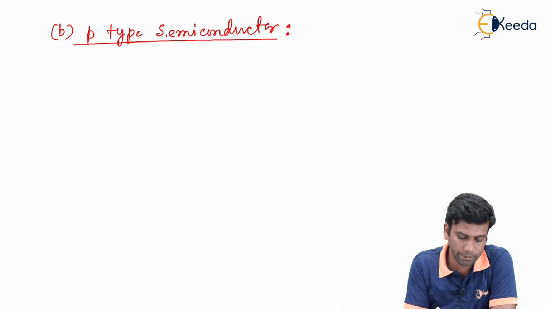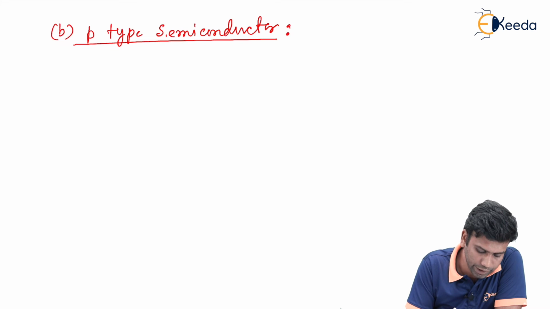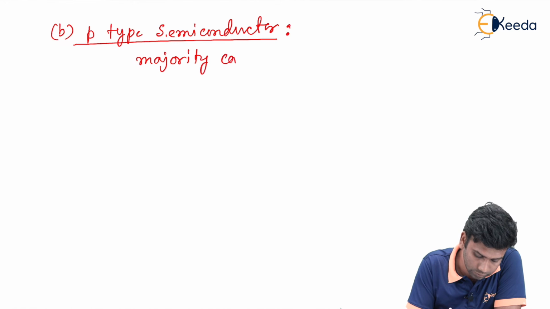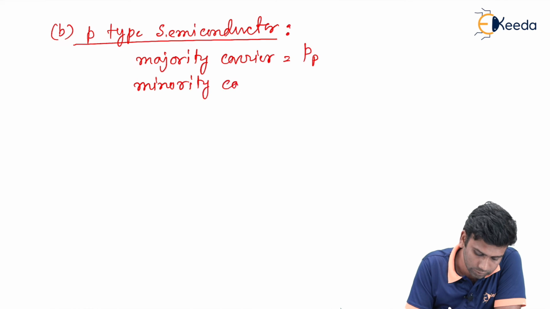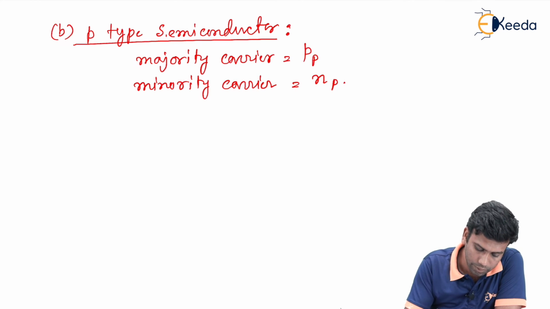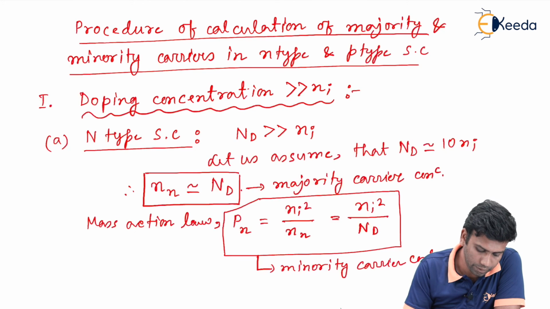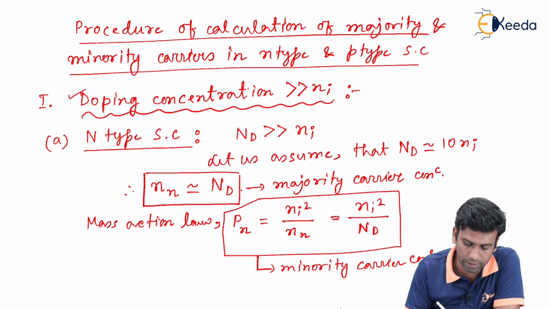We know that in P-type semiconductors, the majority carriers are the holes, that is Pp, and the minority carrier concentration will be Np. In this case, we have already taken that the doping concentration should be very much greater than Ni.